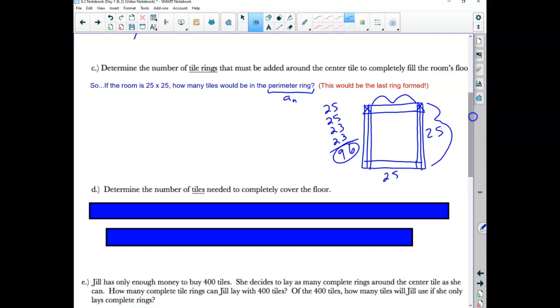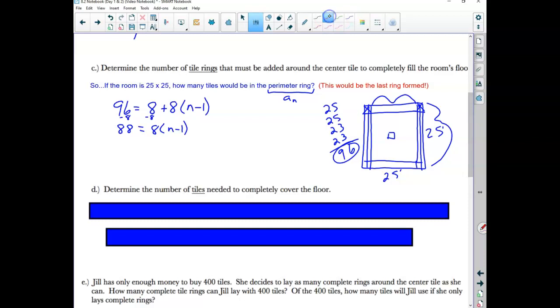So remember, we started in this middle one. My room's 25 feet by 25 feet. If I know I have 96 tiles in my last ring, all I have to do is set that equal to my explicit formula, and I can solve for n. I don't want to distribute my 8, so I'm just going to subtract this 8 off, and I'm going to have 88 equals 8 times n minus 1, right? Minus 8, minus 8.